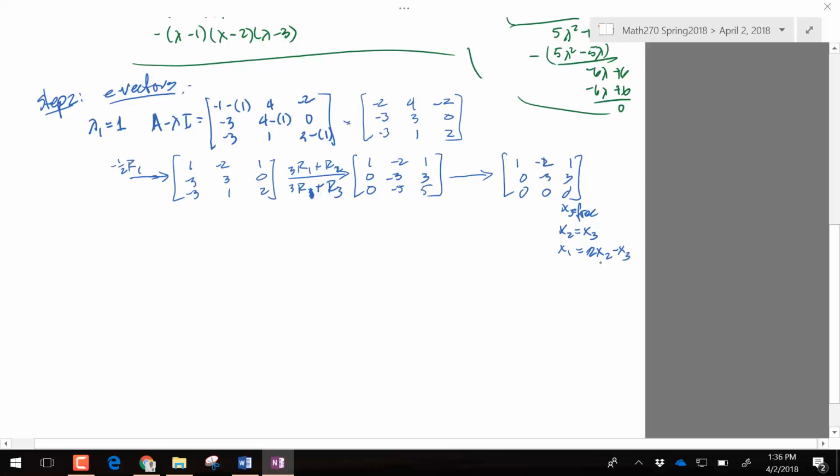But x2 is equal to x3, so this is going to be just x3 again. So we're going to have an eigenvector of 1. This is 1, and this is 1.